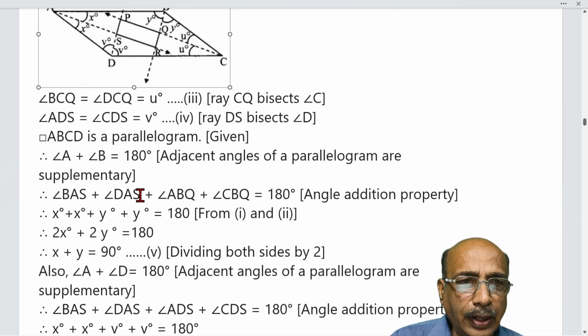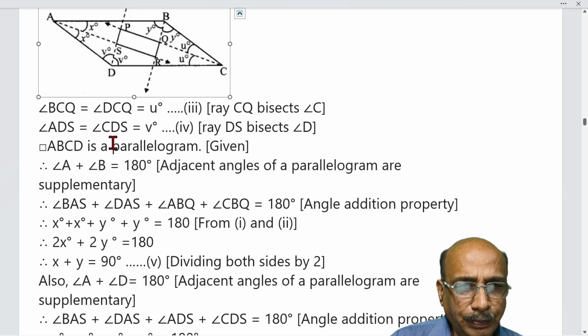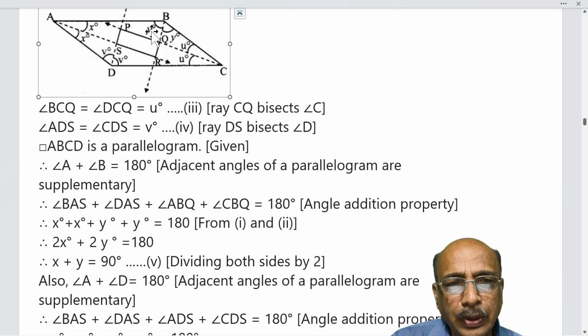Now in triangle ARB, here is x degrees, here is y degrees. X plus y was calculated above as 90 degrees. So the third angle in the triangle will also be 90 degrees.